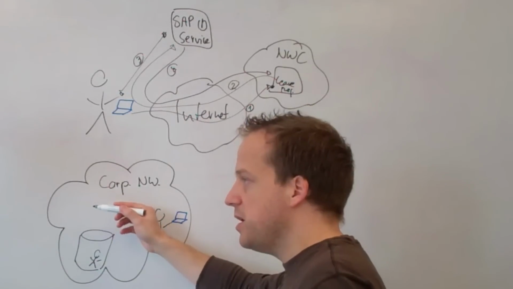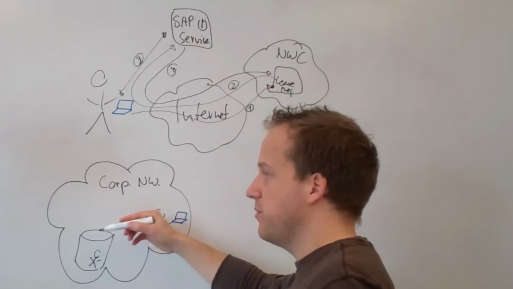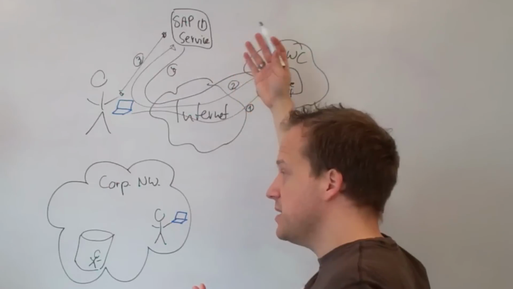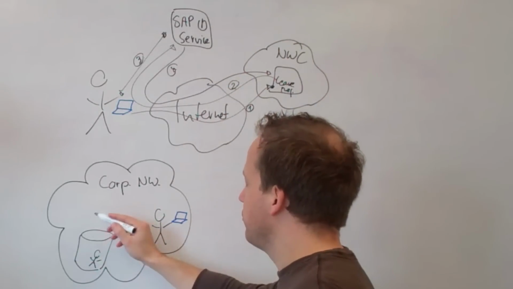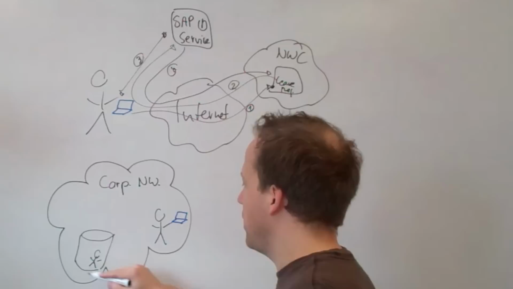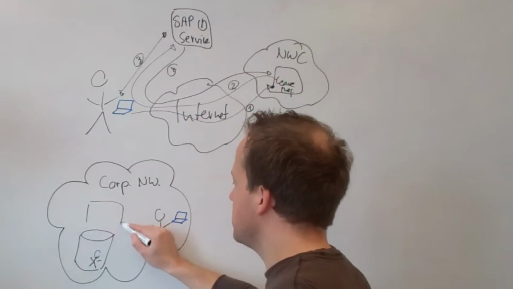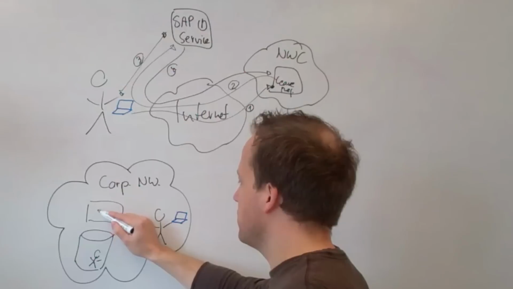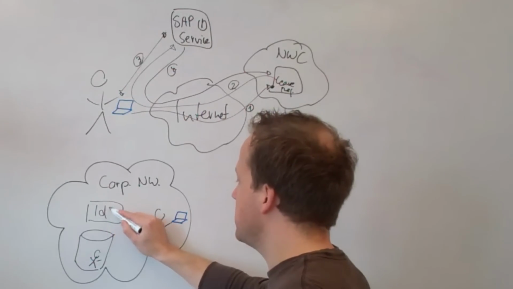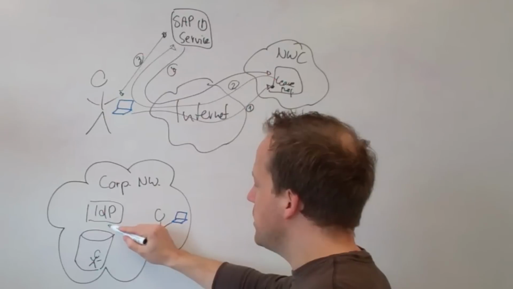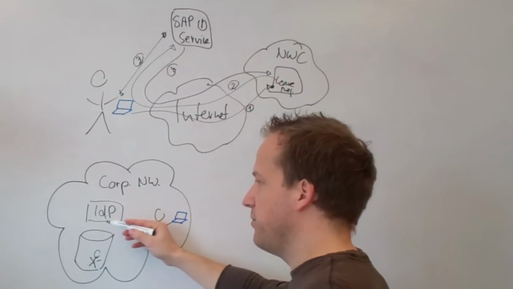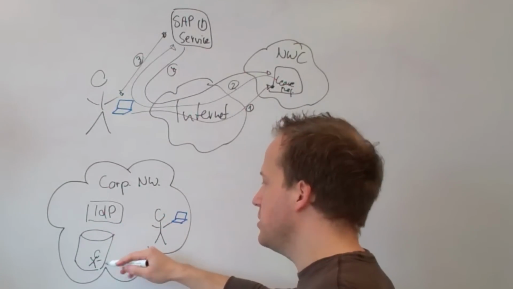And fortunately, there are many products in the market that provide the same functionality that SAP ID service does on the public internet, but they do so for corporate identity and access management solutions. And usually those products are called identity providers, IDP. And they usually are an extension of existing user directory solutions.